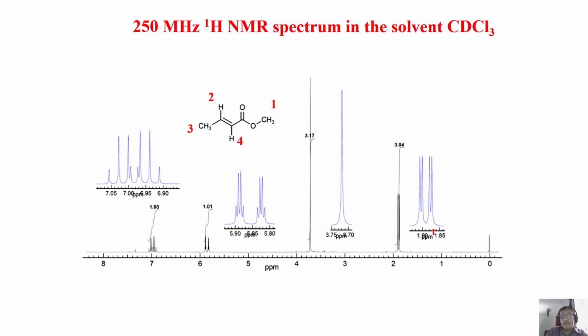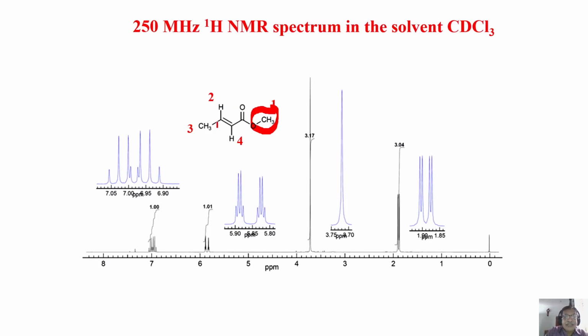This peak is a doublet of doublets. After analyzing this, we are left with only these 3. It cannot be this, because if there were a long range coupling with this one, it would be a quartet. It cannot be this, because of coupling with this, it would be a quartet. There is no quartet pattern seen here, but we are seeing a doublet of doublets, to be precise.